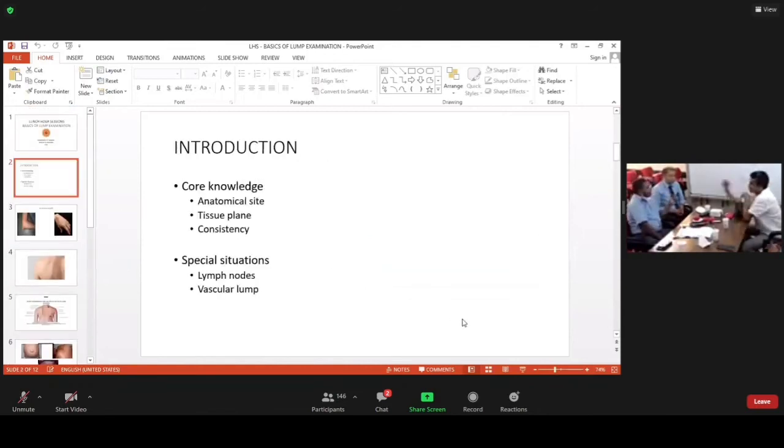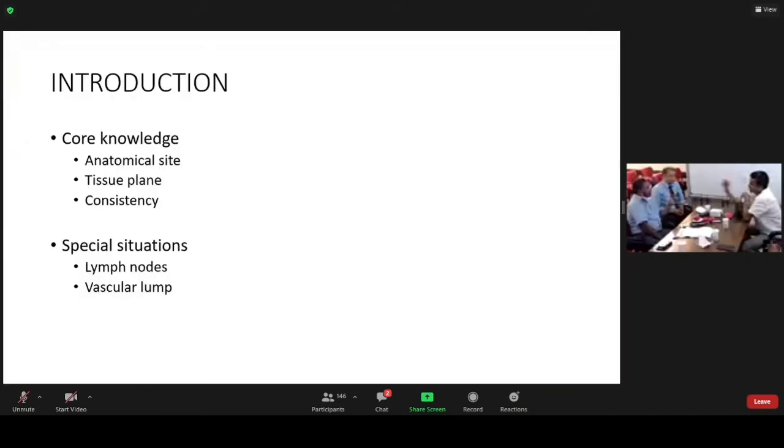So the lump that we were talking about: a patient coming in with a lump at the back of the chest. You think of certain possible anatomical structures, and then we looked at the tissue plane. We felt that the lump was attached to the skin, possibly a sebaceous cyst, maybe a fibroma attached to the skin. Then we looked at the consistency. It is not a hard lump.